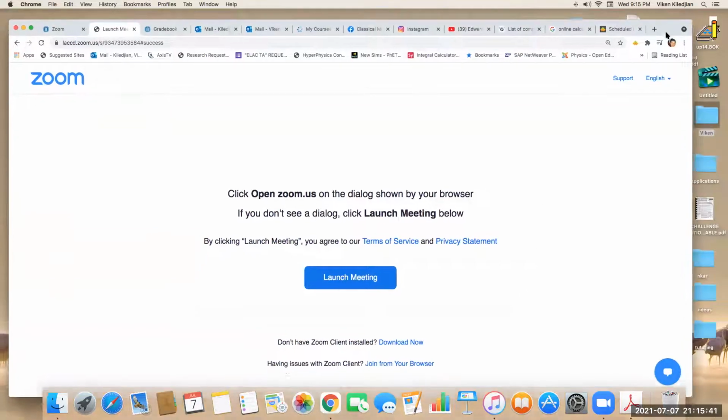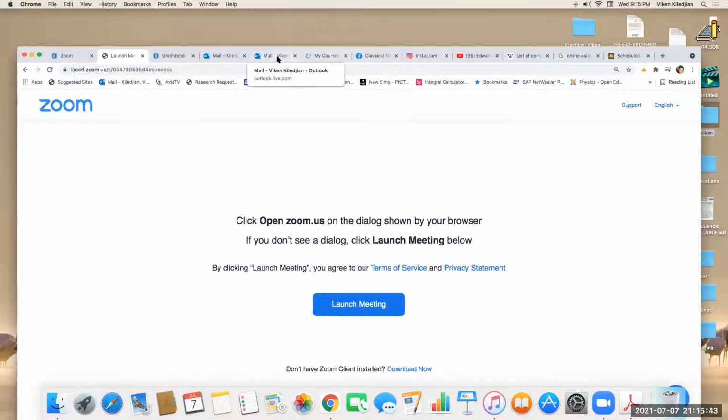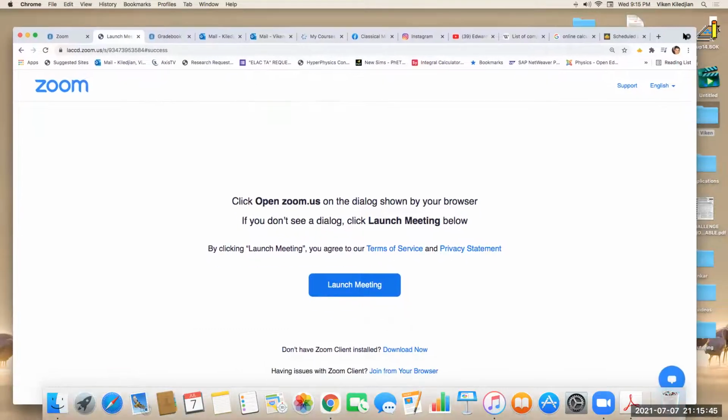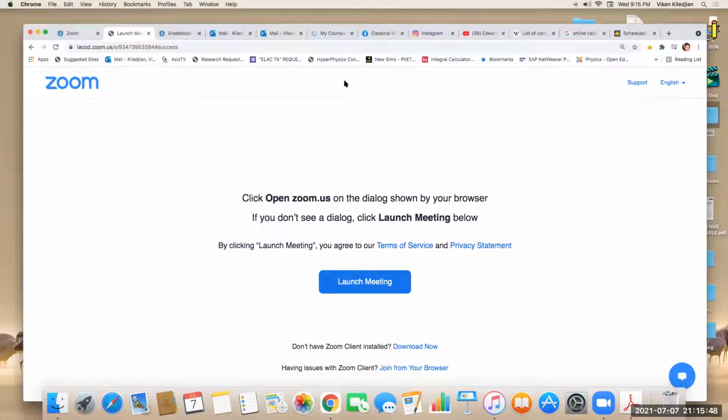Okay, so this one is going to be an interesting one. Supernova and nova explosions.